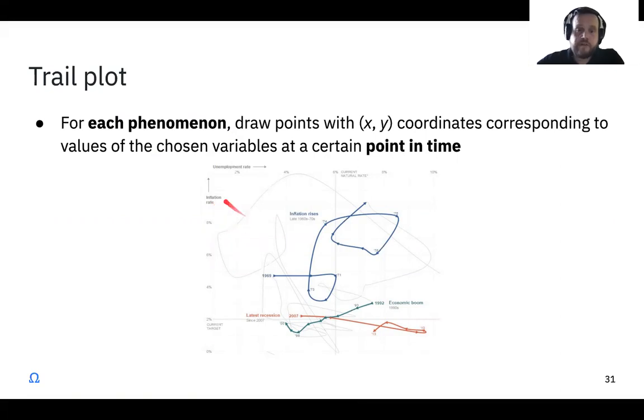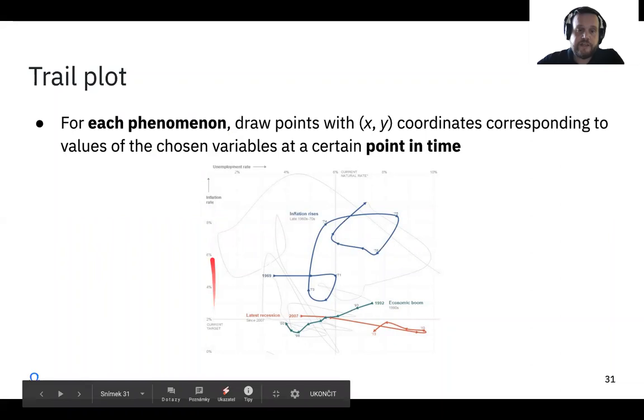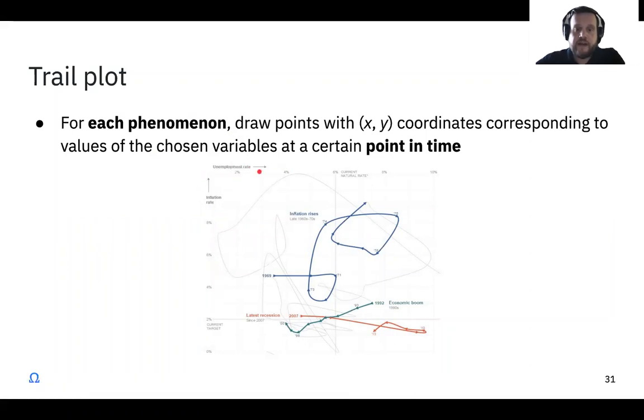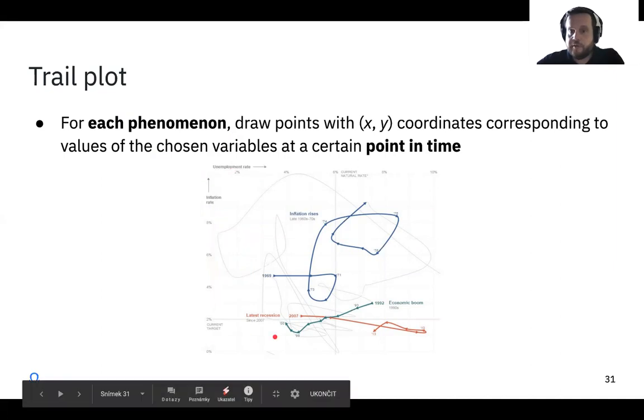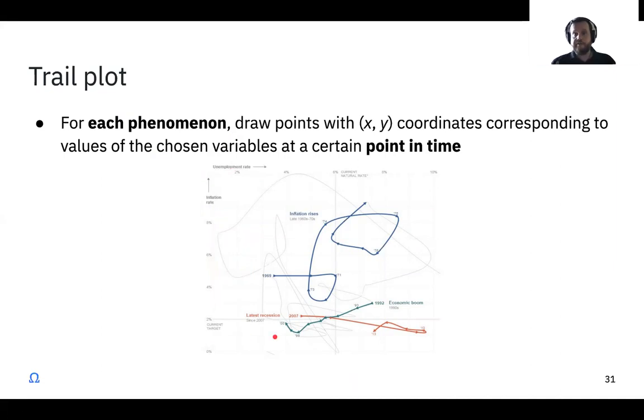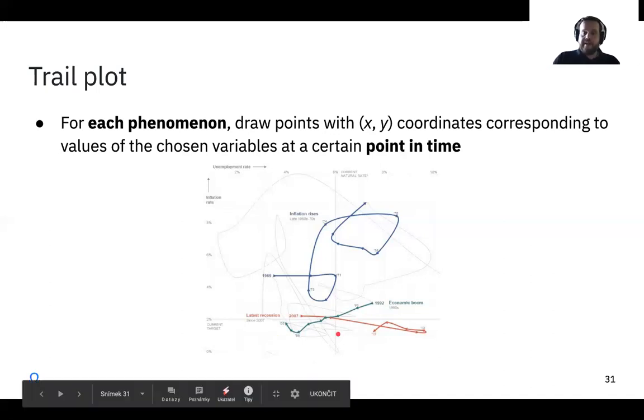Here we have a plot that on the y-axis plots the inflation rate, and on the x-axis we're plotting the unemployment rate. For the purpose of this visualization, the authors have chosen this unemployment slash inflation space.